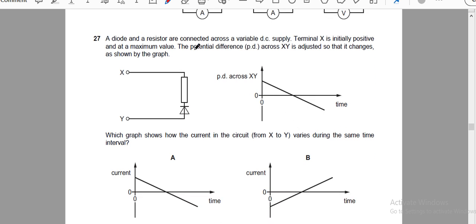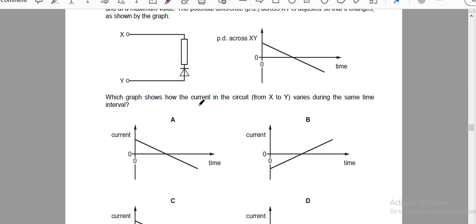A diode and resistor are connected across a variable DC supply. Terminal X is initially positive, and at a maximum value, the potential difference across X, Y is adjusted, so it changes as shown in the graph. Which graph shows how current varies with time?